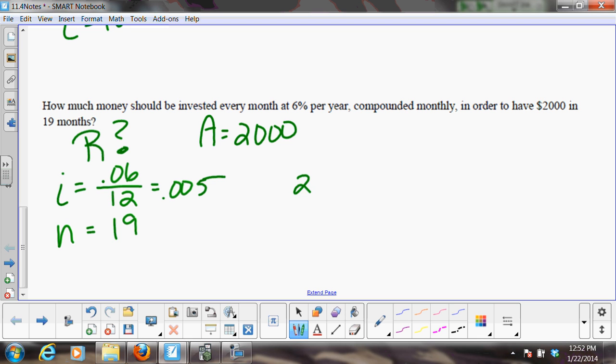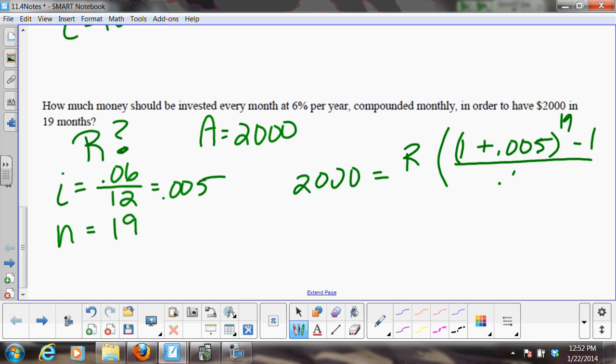All right, so 2,000 equals some R times (1 plus 0.005) to the 19th minus 1, all over 0.005. Once you get this whole value in your calculator, take 2,000 divided by it, and that'll give you R. R comes out to be $100.61.